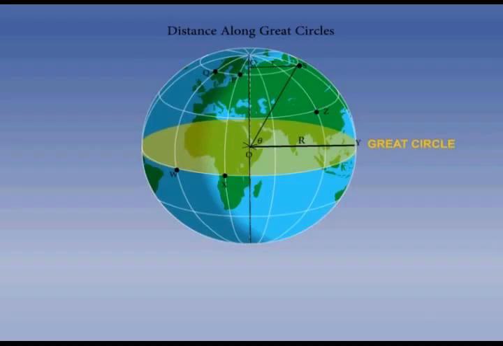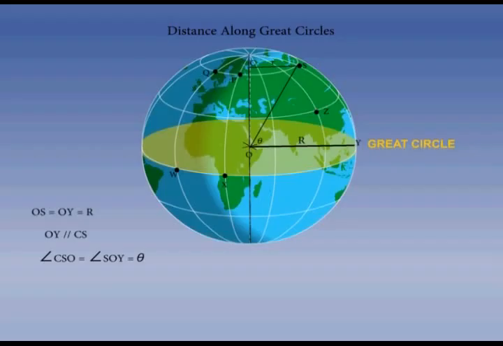From this figure, OS is equal to OY and is the radius of the Earth, and OY is parallel to CS. Therefore, angle CSO and angle SOY are alternate and are equal to angle theta.